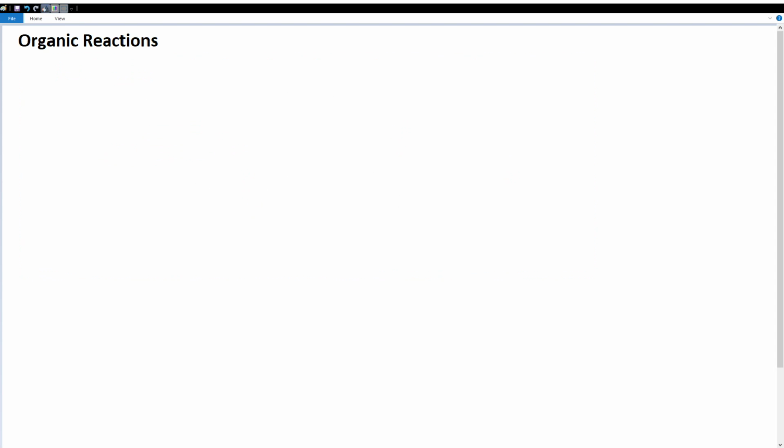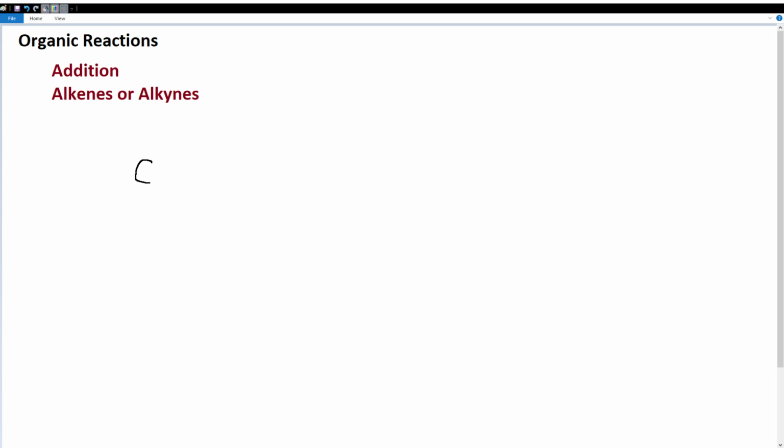The next reaction is addition. And this could be for alkenes or alkynes. So only for unsaturated hydrocarbons, which means that you're going to only use addition when you see a double bond or a triple bond.